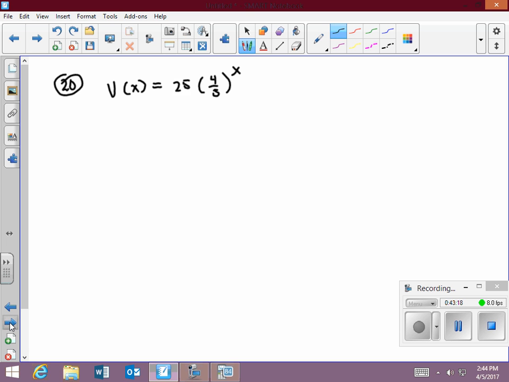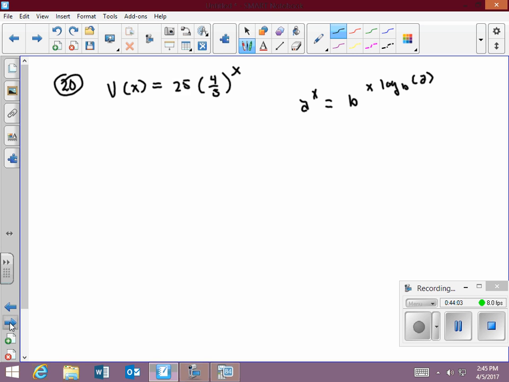Use the properties of logs and or exponentials to rewrite the model in the form v of t equals 25 e to the kt. So if you look back there, the change of base: if you have a base a to the x and you want to change it to e, then the change of base, I'm just going to go b to the x log b of a.